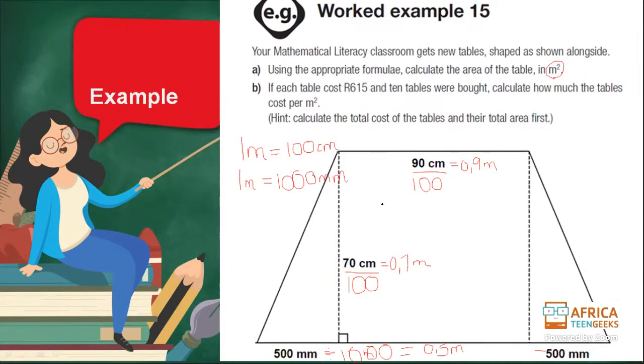So we're done with the rectangle. Area of the rectangle, I have it already. Now I want to know what is the area of the triangle. Remember, the formula is half times your base times your height.